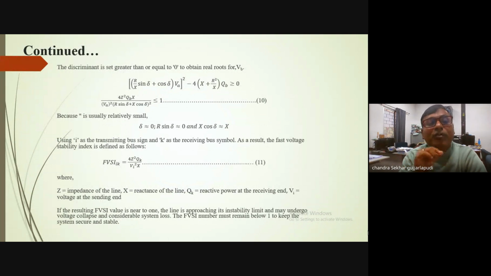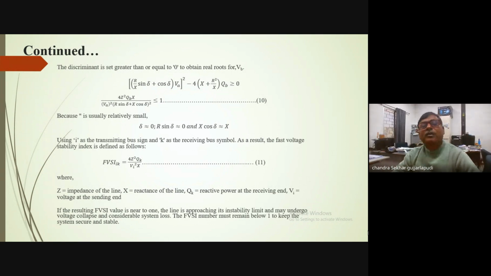So that formula we are putting here. Now you see, we are putting delta equal to 0, R sin delta equal to 0, and X cos delta nearly equal to X, because if delta is nearly equal to 0, these values are like that. So from that only, we can easily calculate the value of FBSI.